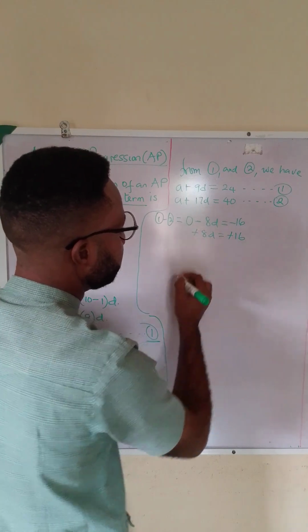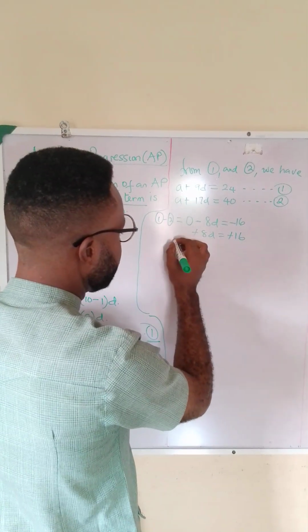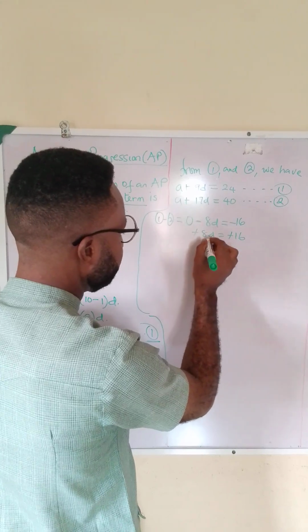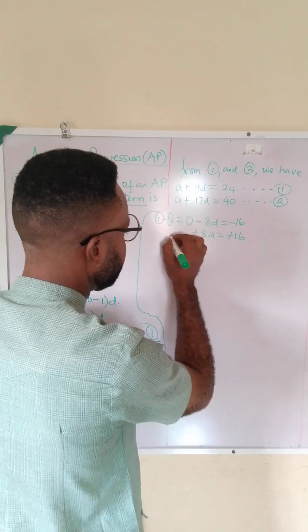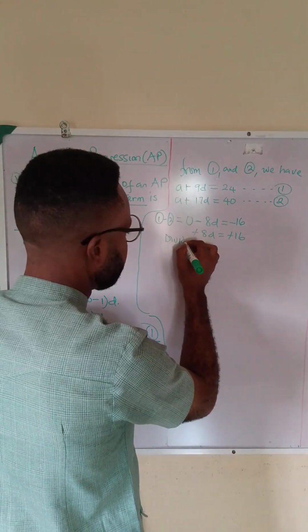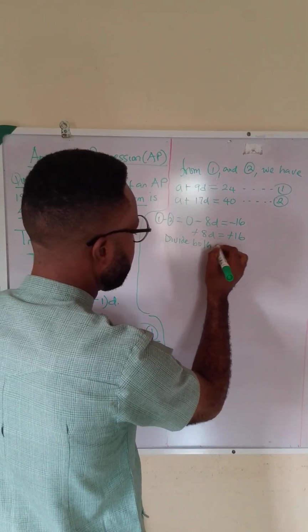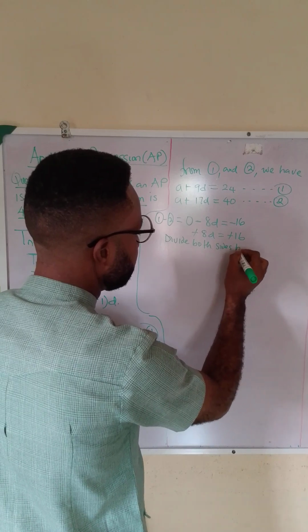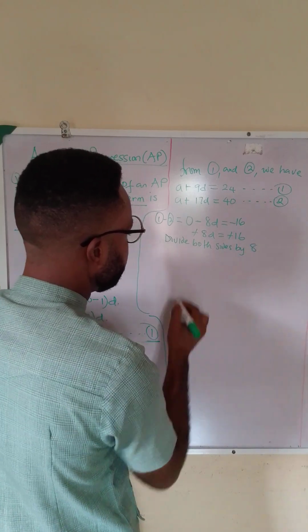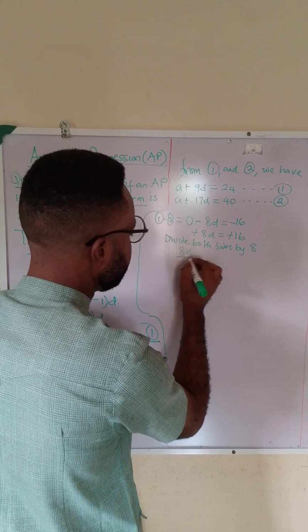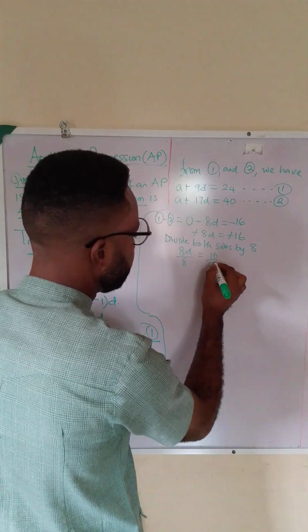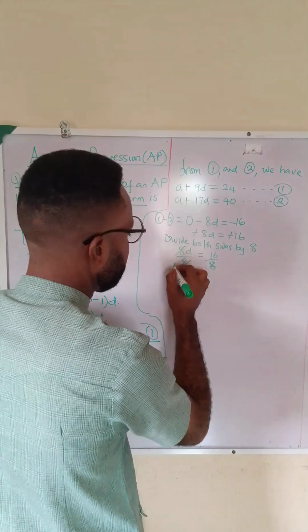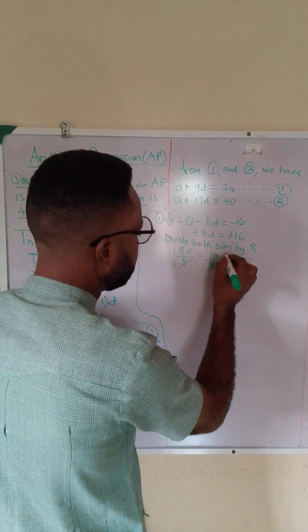We can cancel out the negatives so that we have our d. Since we are looking for d, we divide both sides by 8. So when we do that, we are going to have 8d divided by 8 equal to 16 divided by 8, which is 2.